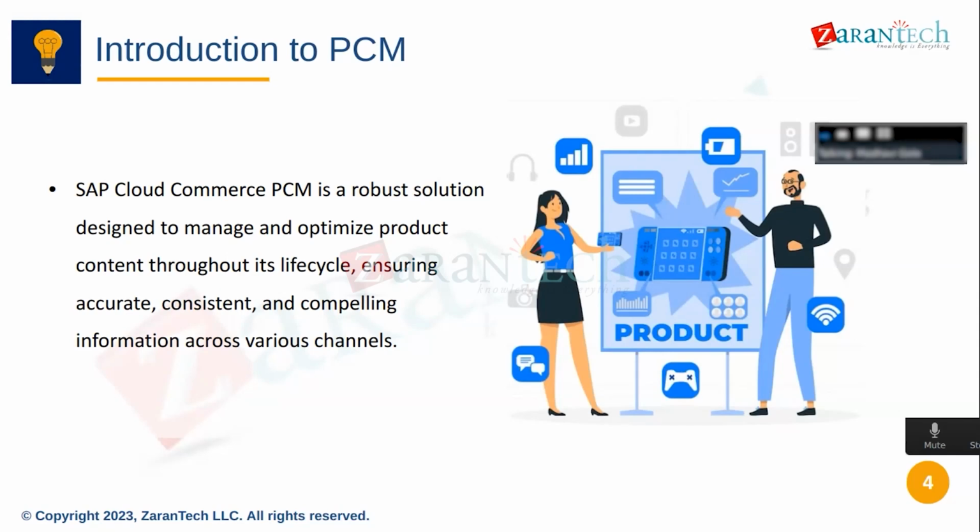It is kind of like HAC, back office, smart edit, and this cockpit. See, there is the storefront first, then HAC, then back office, then smart edit, and then this cockpit.